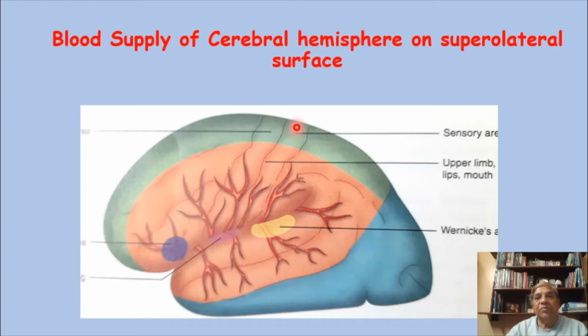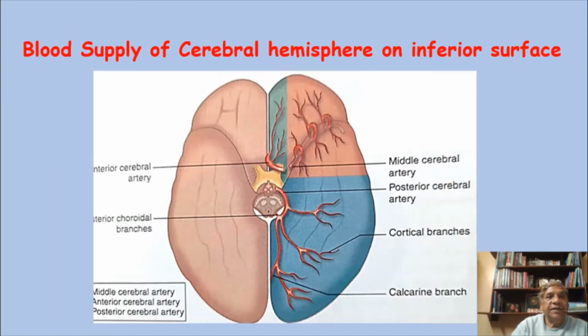The post-central gyrus is the primary sensory area, and the precentral gyrus is the primary motor area. So very important areas are located on the superolateral surface, which I will tell you when I come to the applied importance of the middle cerebral artery. Okay, moving to the next slide.